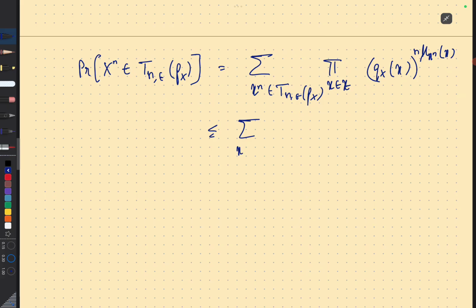So this is upper bounded by the sum over xn in Tn epsilon of px of the product over all x of qx of x raised to n times px of x times 1 minus epsilon.